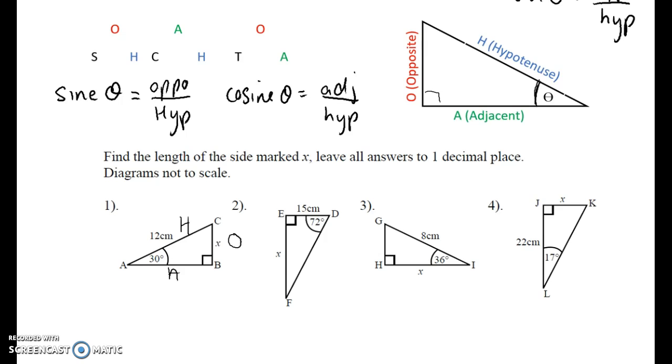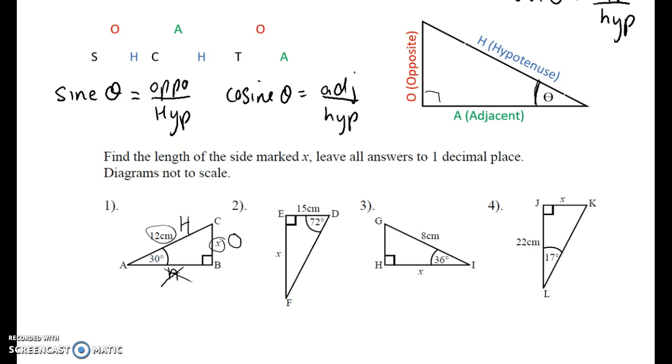So once I've labeled those, I can then think, what am I trying to find? I'm trying to find X over here. What have I got? I've got my hypotenuse. I'm not trying to find this, and I don't have any information there, so I don't have to worry about that. So O and H are the two sides that I am going to want to use.